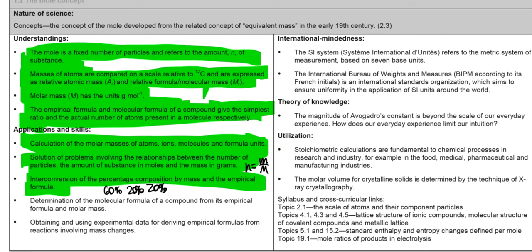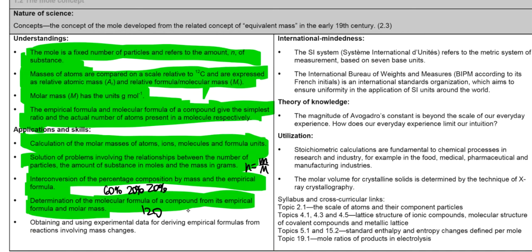Essentially, my idea for these is to construct a table, and you'll be able to calculate the molar ratios of each one. Then after you do that, you have to determine the molecular formula by considering what multiple of the empirical formula gives the correct molar mass of the molecular formula. Say the molecular formula had a molar mass of 120 and your empirical formula had a molar mass of 30.